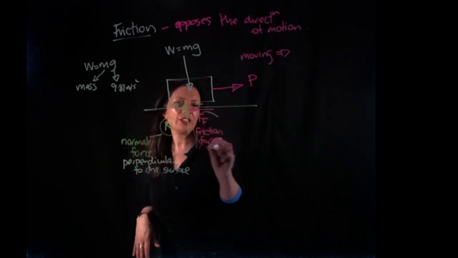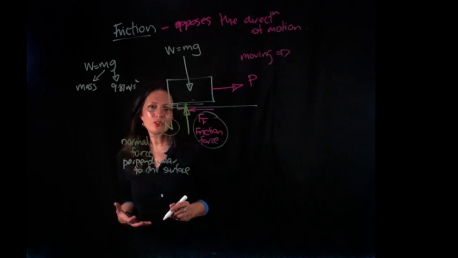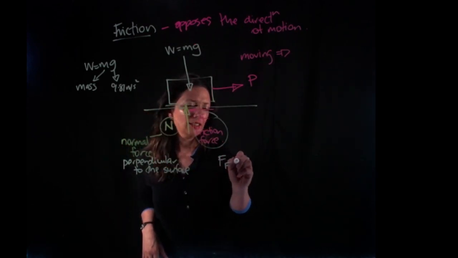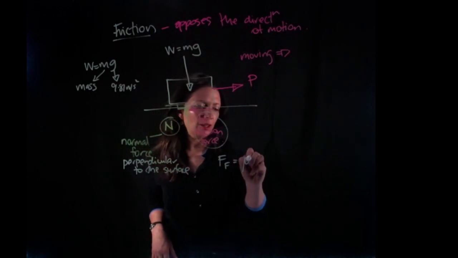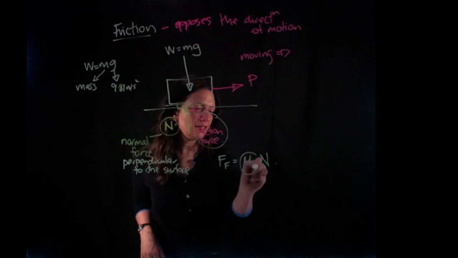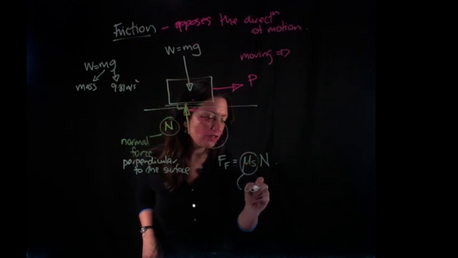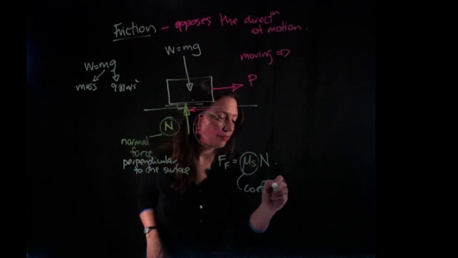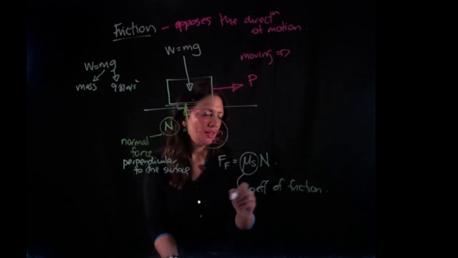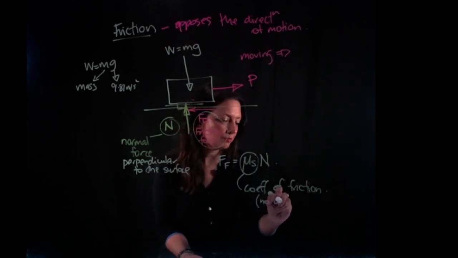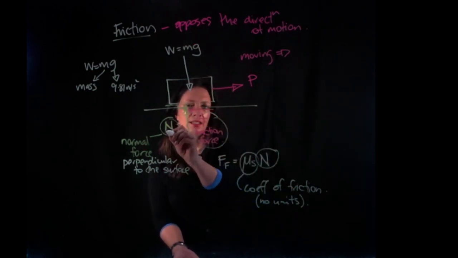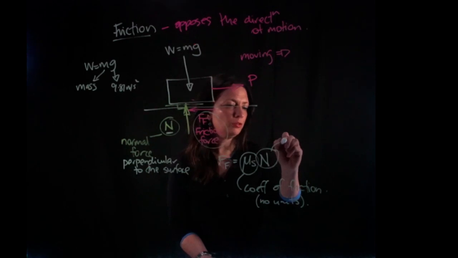Let's see if we can write an expression for a frictional force. Friction equals mu s times N, where mu s is our coefficient of friction, which has no units, and N is our normal force.